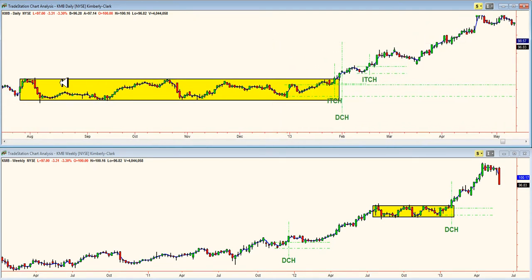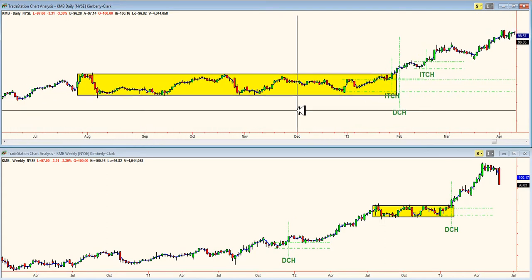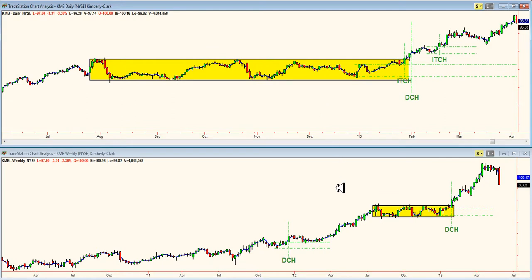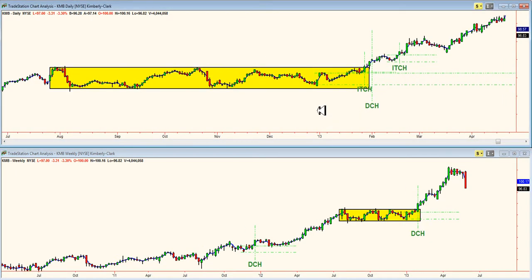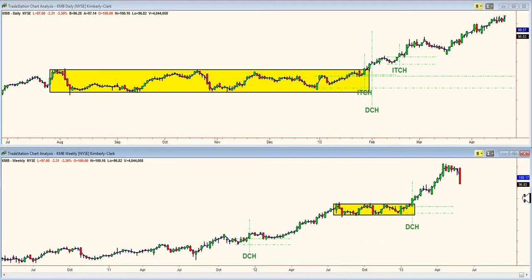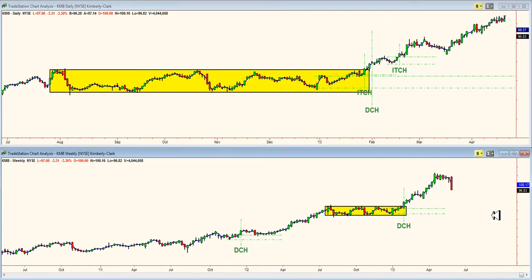First of all, I want to see a clearly defined support and resistance area and a sideways action in the price of the stock. Now, I use TradeStation for my platform and it also has all my indicators developed here, and these are provided for Crosshairs traders, obviously. But you can follow along with me without having TradeStation and understand these.